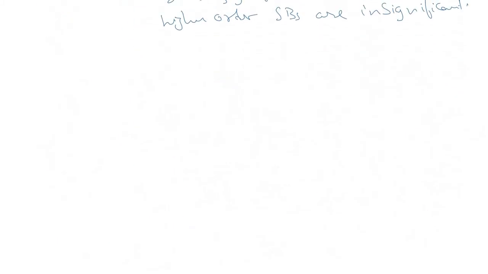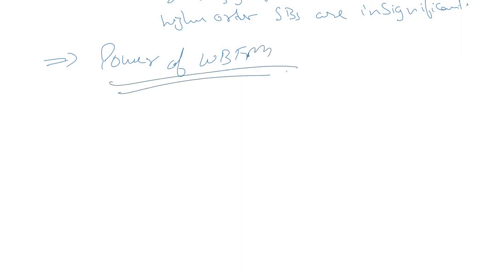Okay, next thing is power of wideband FM. How do we find out the power of wideband FM? Very simple, as we did previously for all the types of signals. We'll add the power of the different components which are present in that signal.